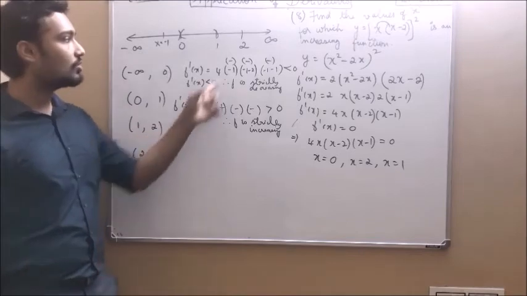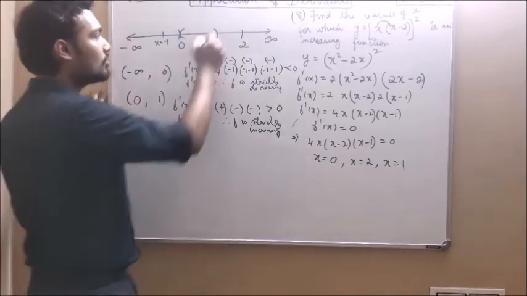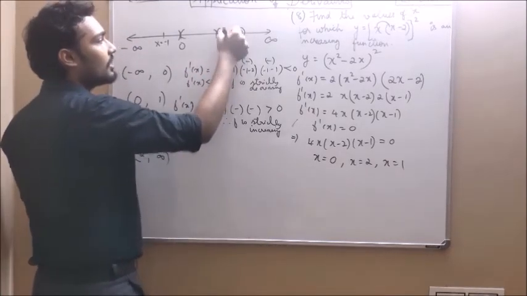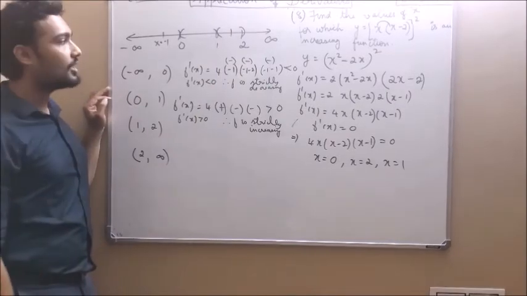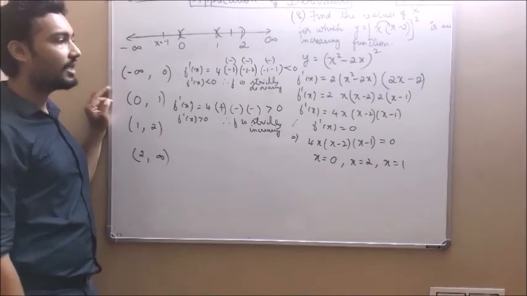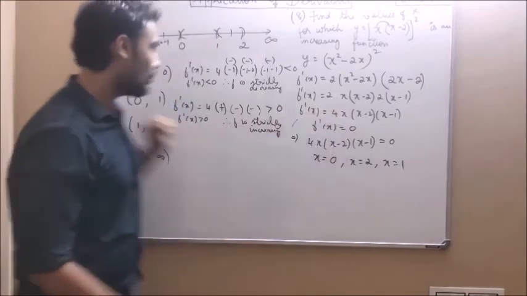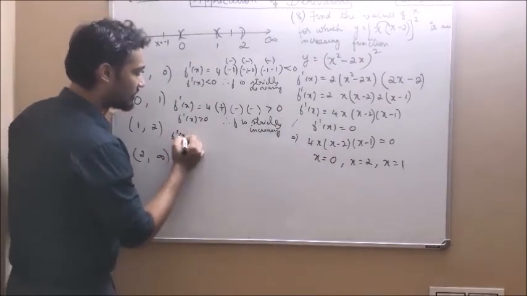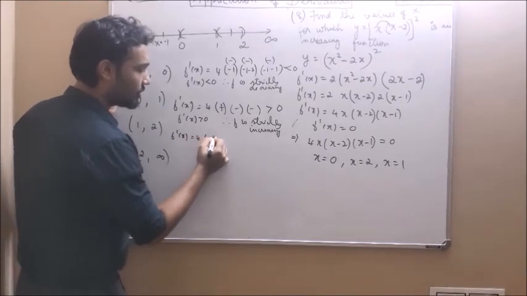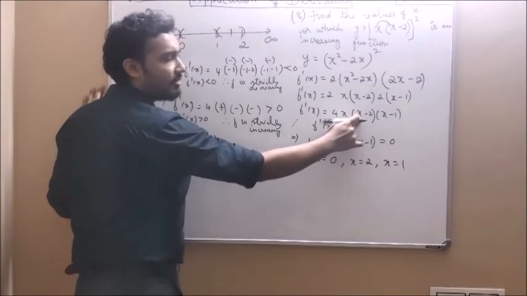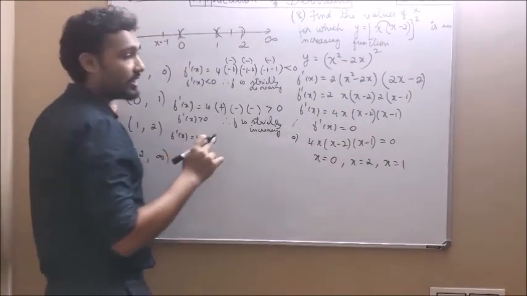Next take the interval 1 to 2. Similarly, take any point here. You can take 1.5, which is 3 by 2. So take f dash of x: 4 into positive. Next, 1.5 minus 2 is minus 0.5, so that is negative.